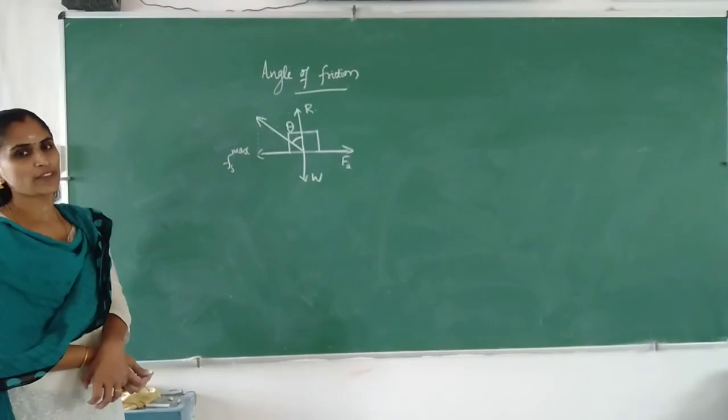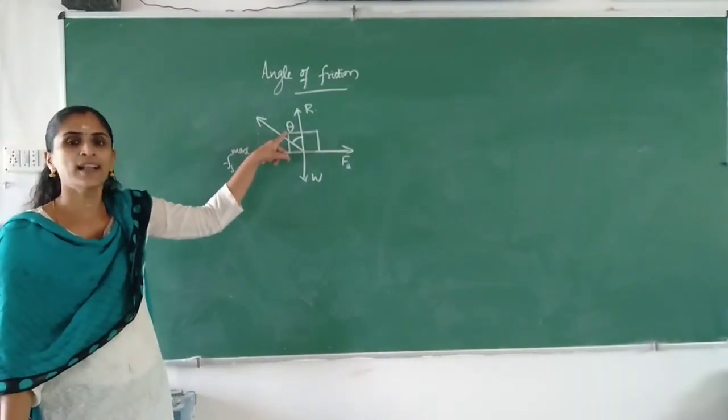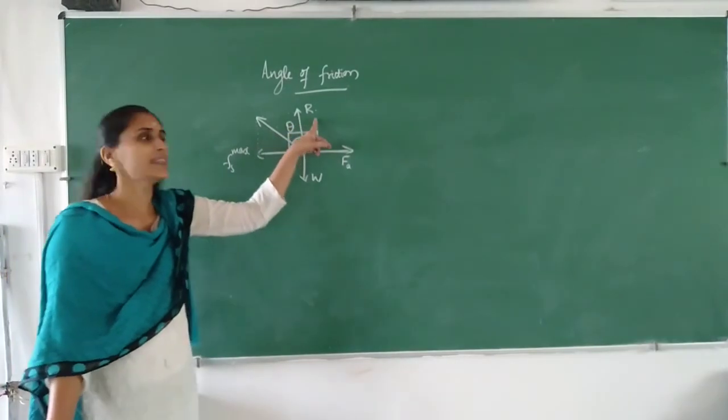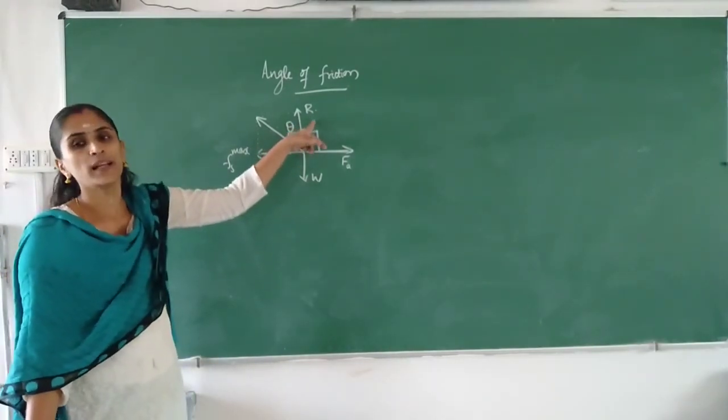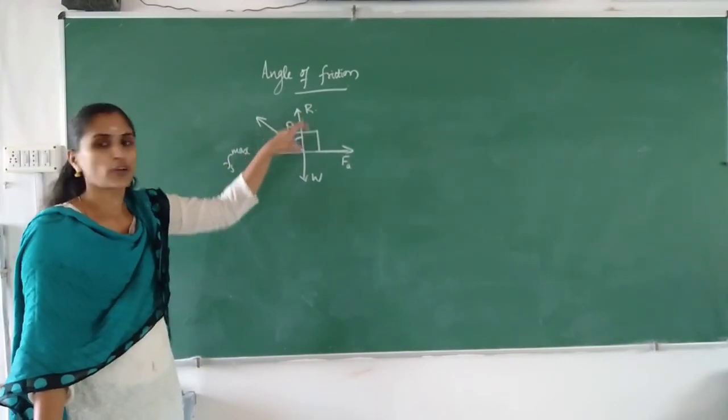So can we define angle of friction? Angle of friction is the angle made by the resultant of normal reaction and limiting friction with normal reaction.